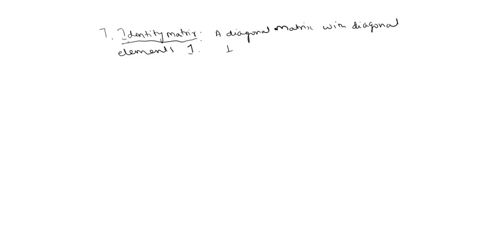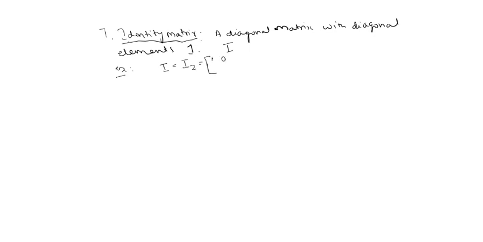Sometimes it is also denoted as I2, meaning it is of order 2 by 2. It will be 1 0, 0 1.